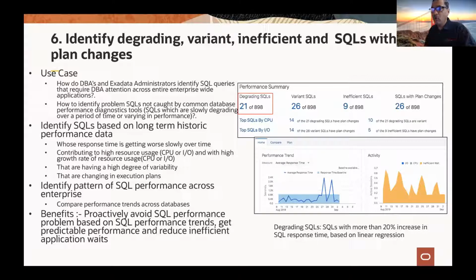We should be able to identify such scenarios so that our performance is as expected. Inefficient SQLs, these are the SQLs that are needlessly waiting on non-CPU, non-IO wait events. As long as we are able to minimize such waits, we will get better response times from our workload.